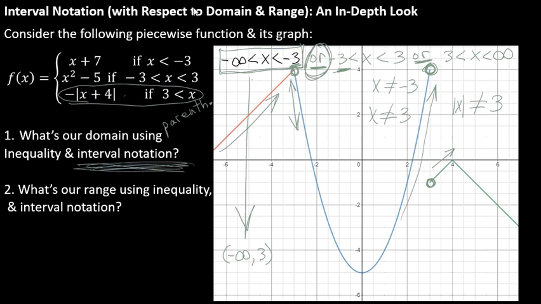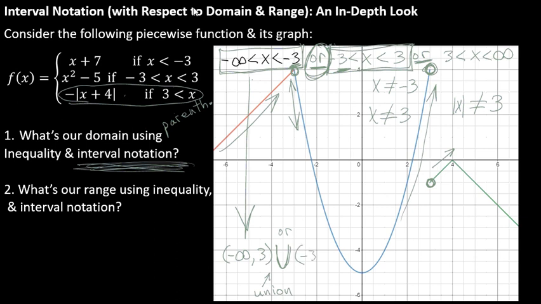What do I do for this or? I can't literally write or with parentheses. Well, that's where this little u thing comes in. This little u thing is called a union. So I would say open parentheses, -infinity, comma 3, close parentheses, union, which is like my or, and then I'm going to do this one here: -3 is less than x is less than 3.